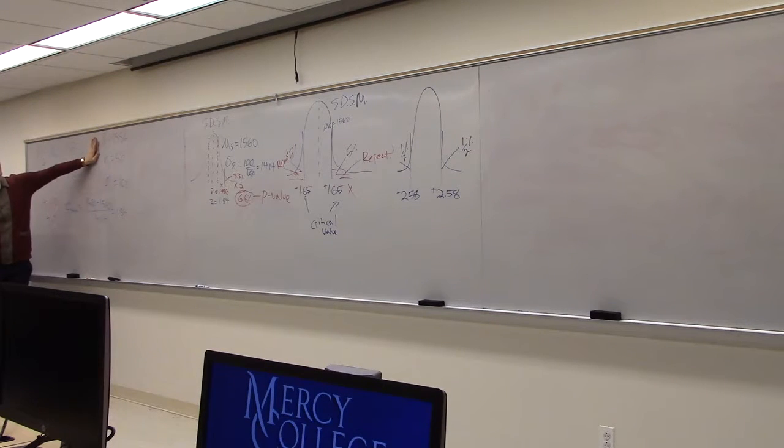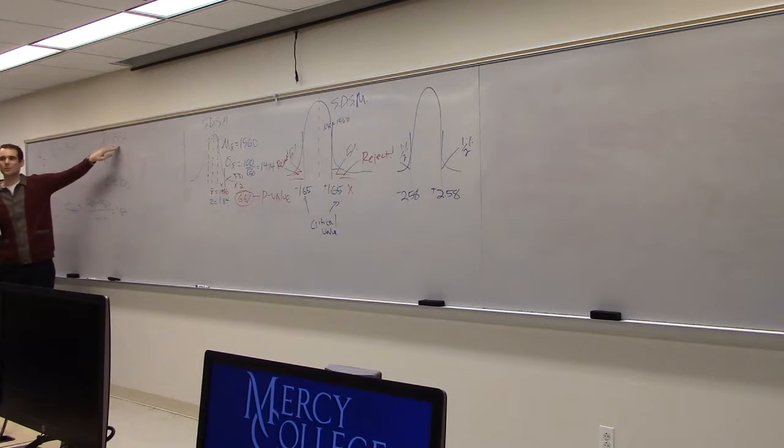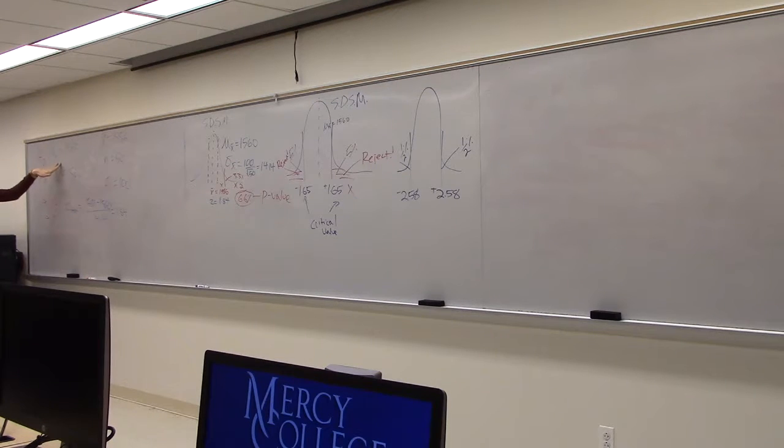So he said 1560. We found 1586. That's different. The question is, is it different enough for us to say that the realtor's lying? Well, how would we be able to know different enough? It turns out we have a very good tool for determining how likely this outcome would be if this is true.